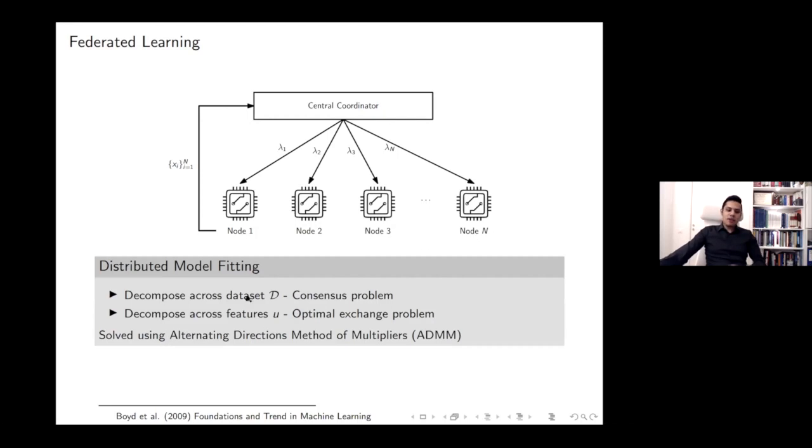For example, when you're generating training data sets in remote locations, you may not want to share the data across different locations, say because of the cost of communication or data privacy issues. Then you could use decomposition across the data set.